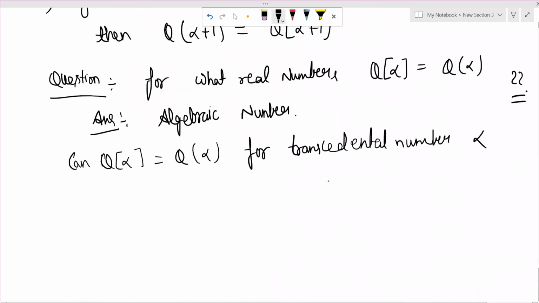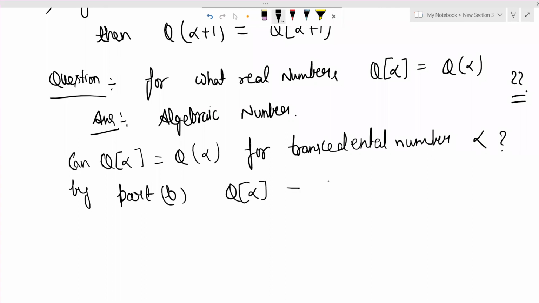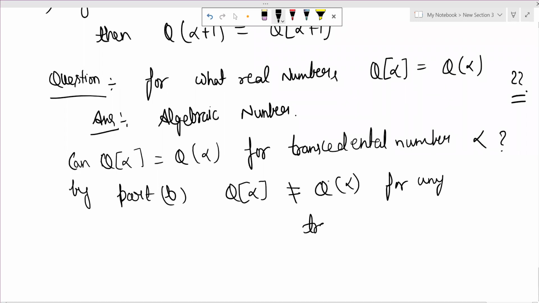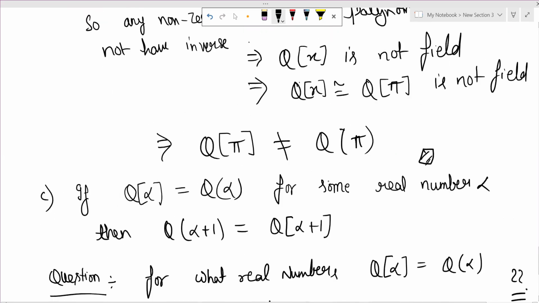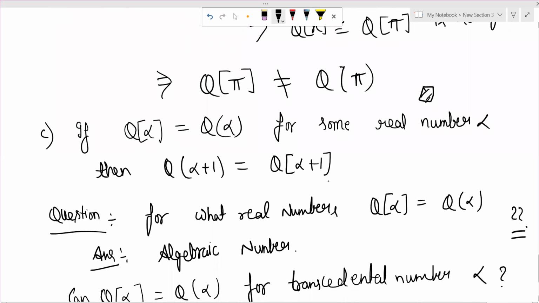So by part B, Q[alpha] does not equal Q(alpha) for any transcendental number alpha. Now tell me, what is this statement saying?